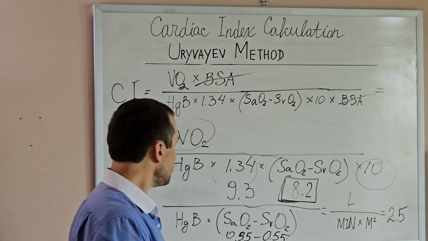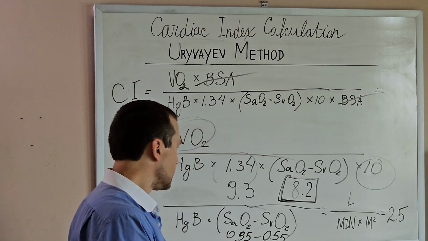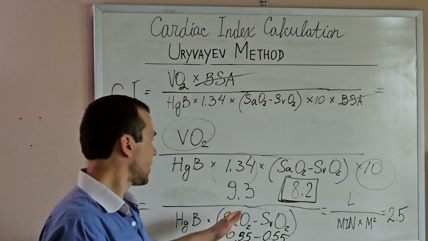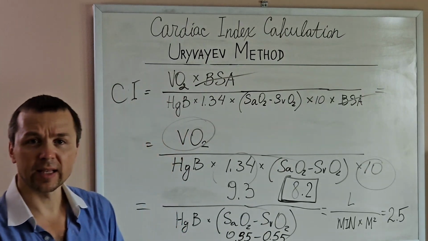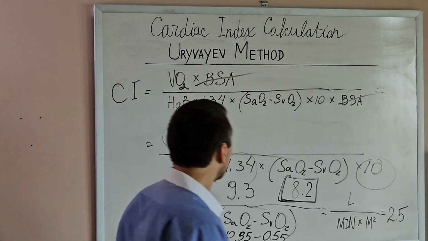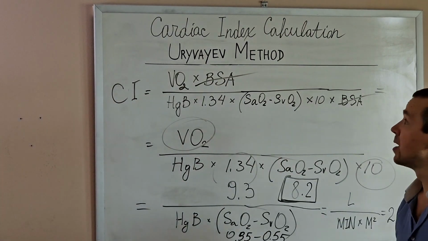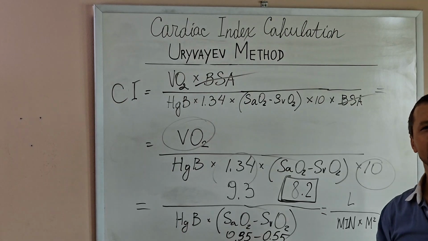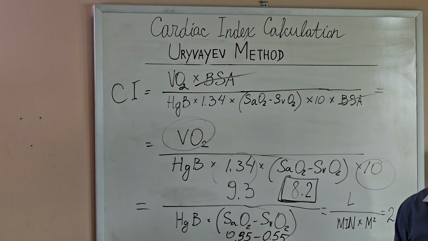Okay, and that's what I liked about it. You can plug it in on the calculator real quick, or even calculate it in your head, and there you go. You have a quick method of calculating cardiac index without knowing someone's weight and height or estimating them.